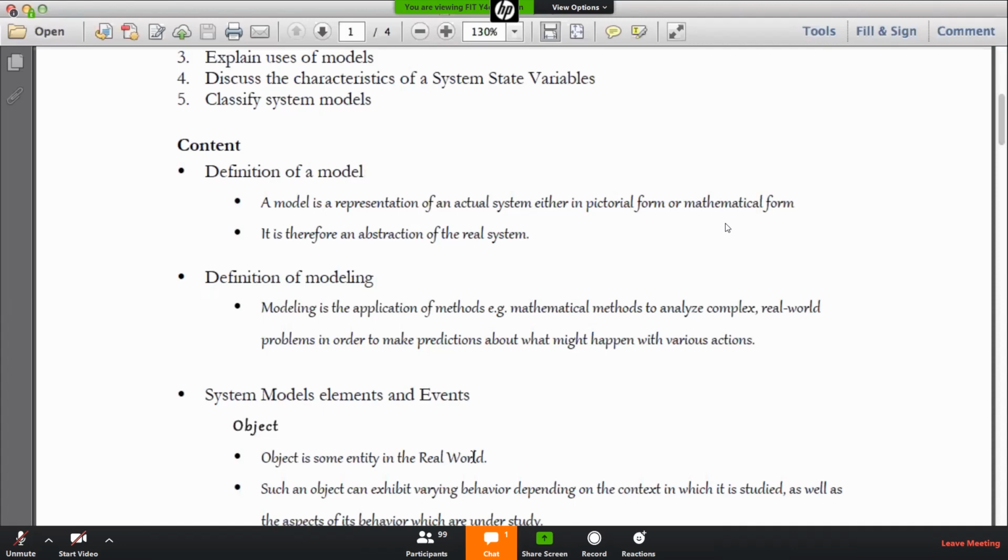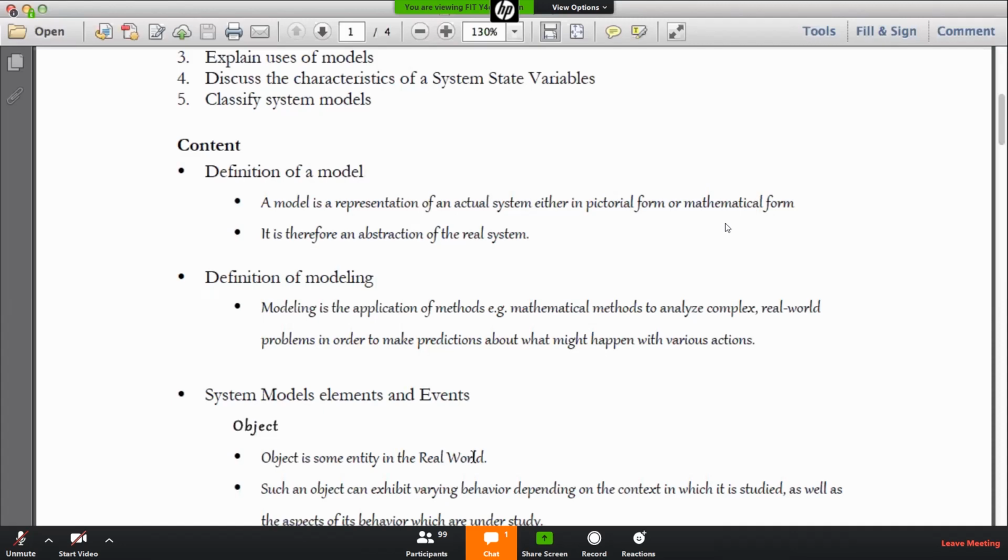Now, to be able to see this, I want us to apply ourselves into the thinking of a class. We say the components of a class. And when I say a class, please take your mind into object-oriented programming. What's a class?